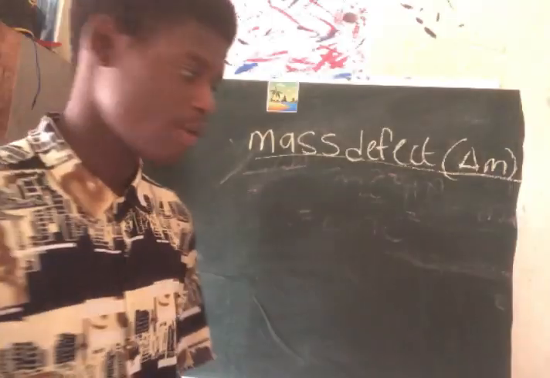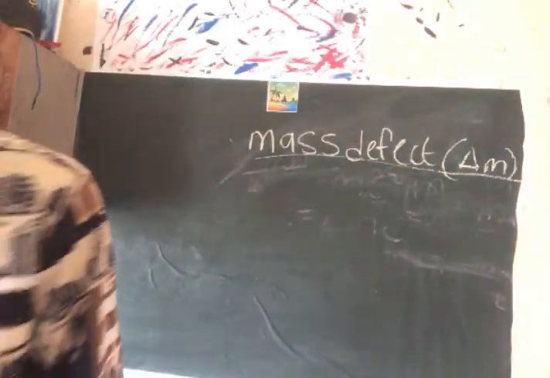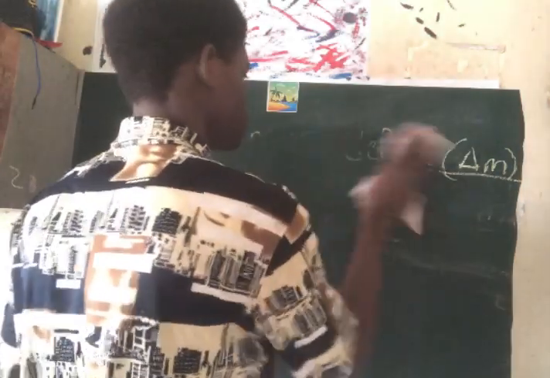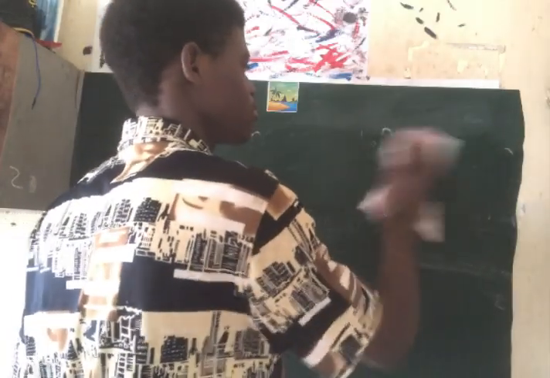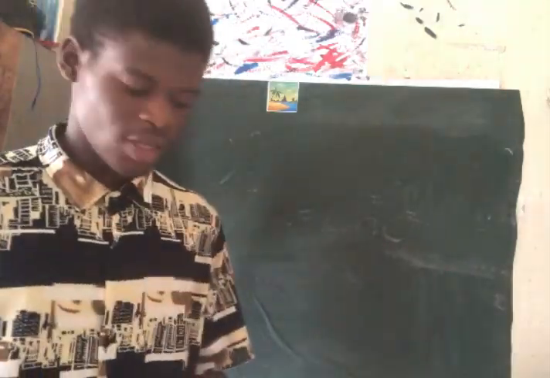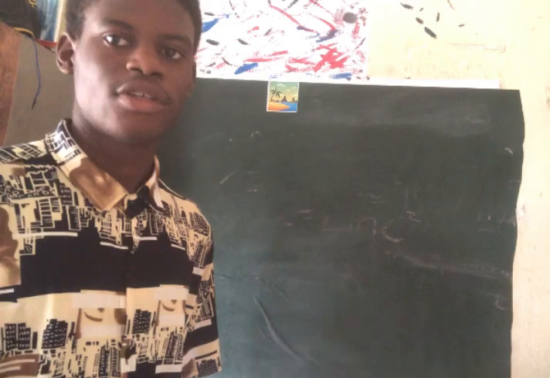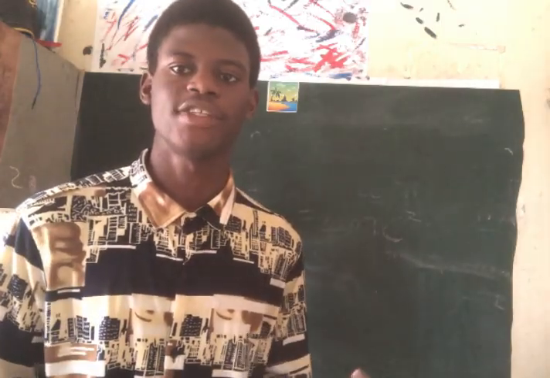Okay, isotopes. Isotopes are the same elements that have the same proton number but different mass number. What makes their mass number different is the difference in neutron number. In the question, they might ask what isotopes have in common, and you might not see mass number there.